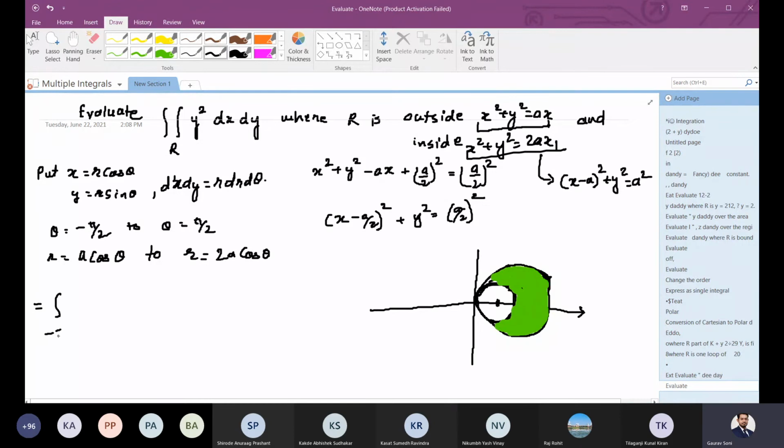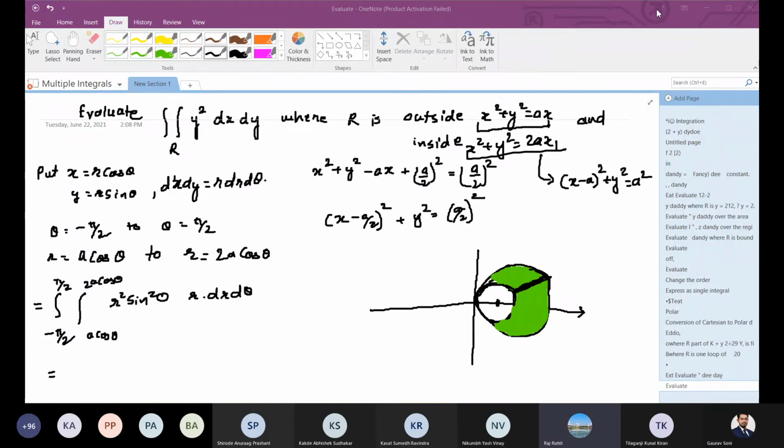So we'll put the values minus pi by 2 to plus pi by 2, a cos theta, 2a cos theta. y square is r square sin square theta, and dx dy is replaced by r dr d theta.